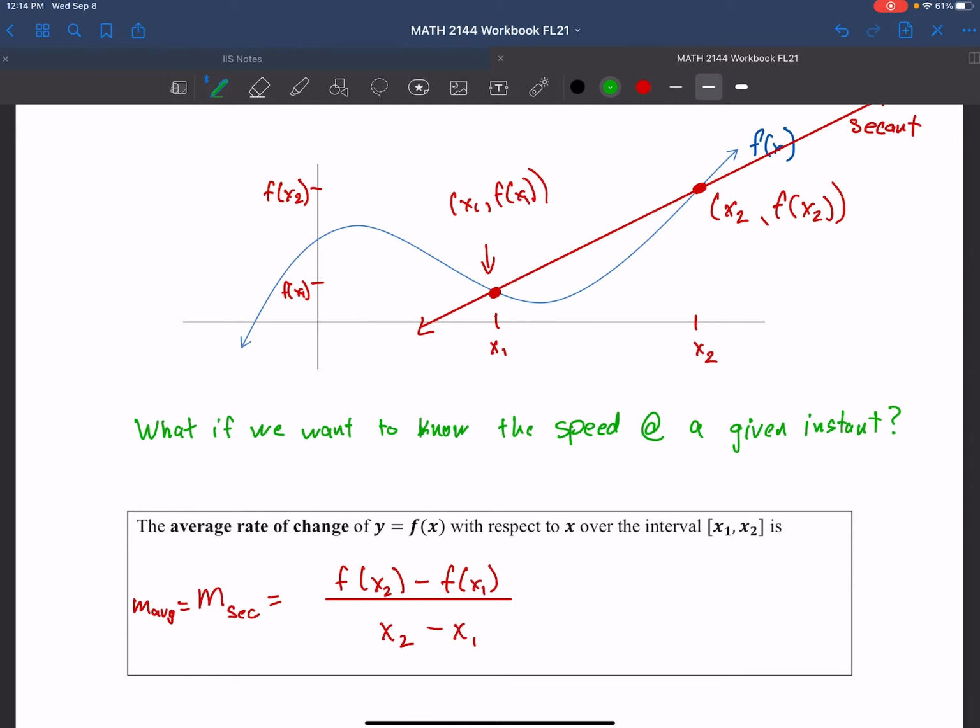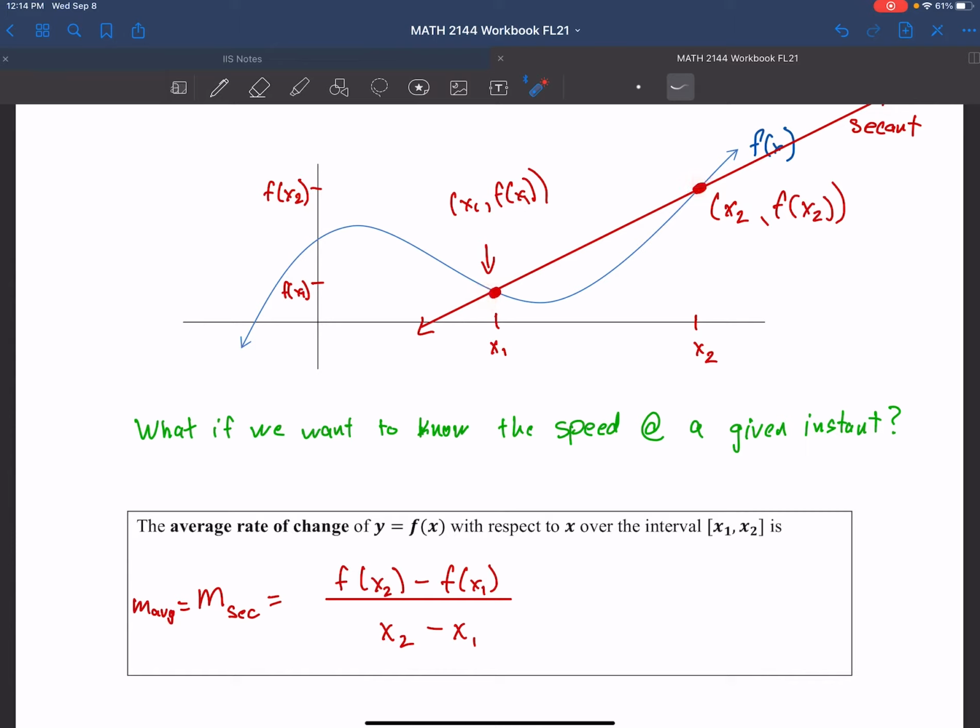If you think about an instant, you don't have 2 times. It's just that instant. So there's an issue right here. When we talk about an instant, we can't be working with 2 points, or can we?